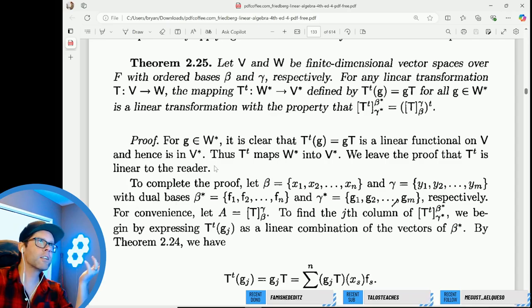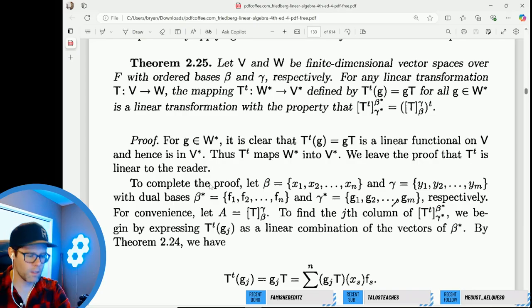Oh, but it's function addition and function scalar multiplication, so it should be fine. So it should be linear. That should be fine.